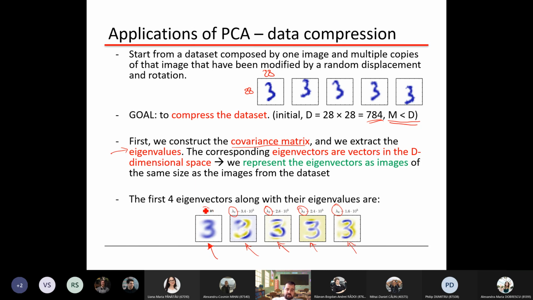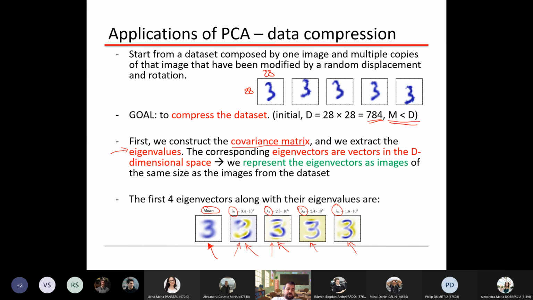So we have the mean of the dataset, and this is the eigenvector corresponding to the highest eigenvalue, the eigenvector corresponding to the second eigenvalue, and so on. Here, the blue values are positive values, the yellow values are negative values, and the white values are 0. Okay?